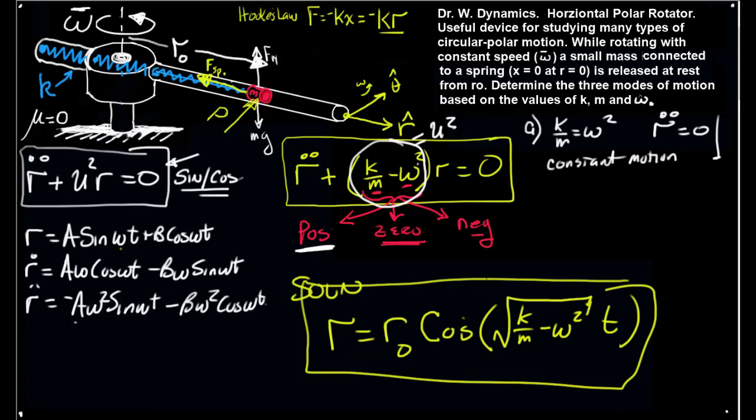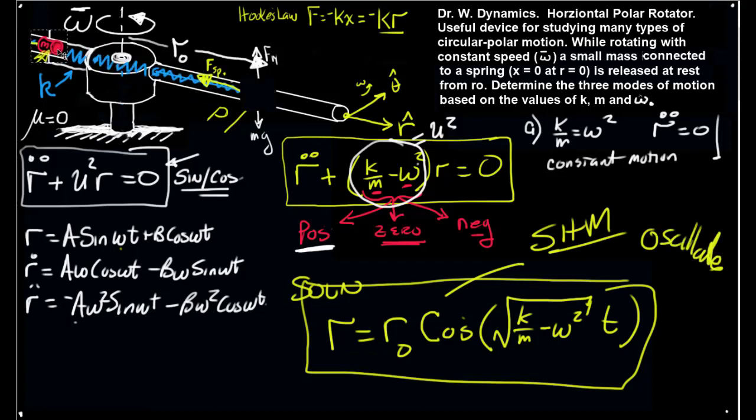And we recognize this as simple harmonic motion. This thing is going to oscillate. So our mass is going to oscillate back and forth while rotating with a modified spring constant.